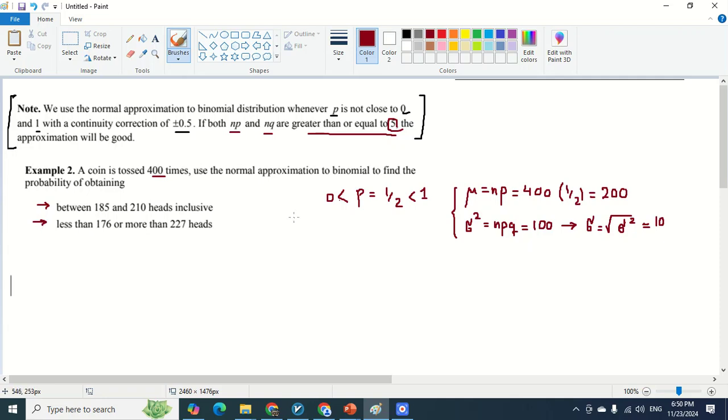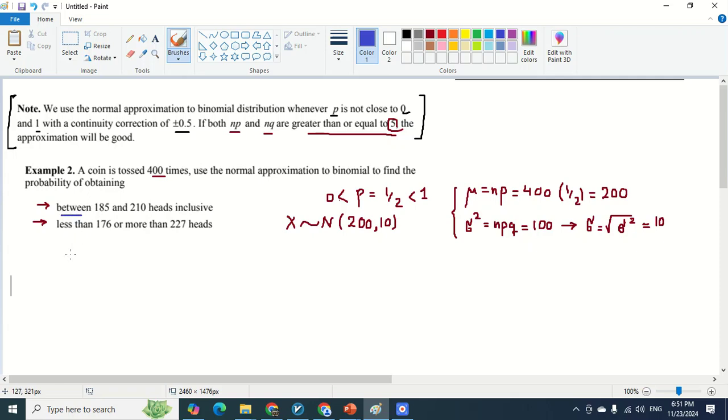So over here we can say that x follows, or is approximated by, the normal distribution with mu as 200 and the standard deviation as 10. So these are the characteristics of this distribution, and if you calculate that, you will find the given probability.